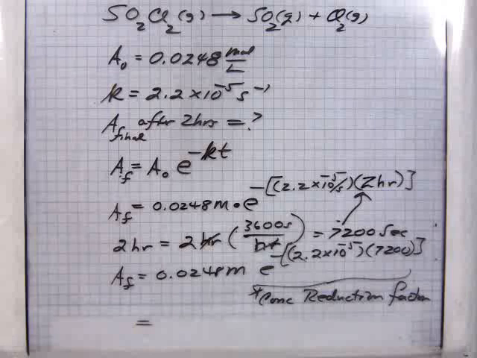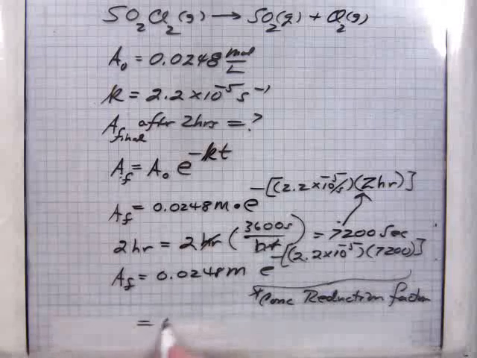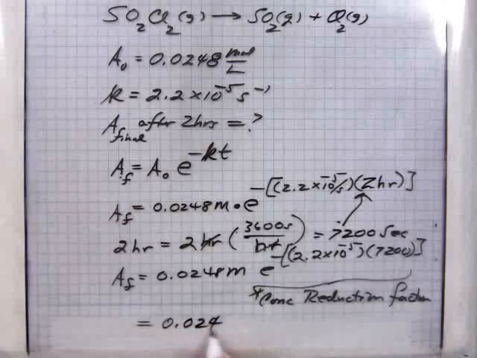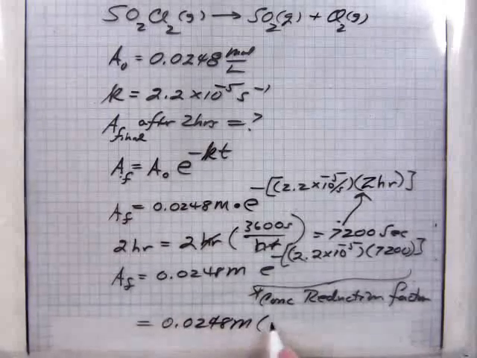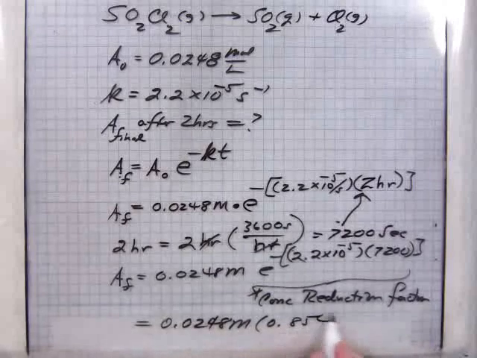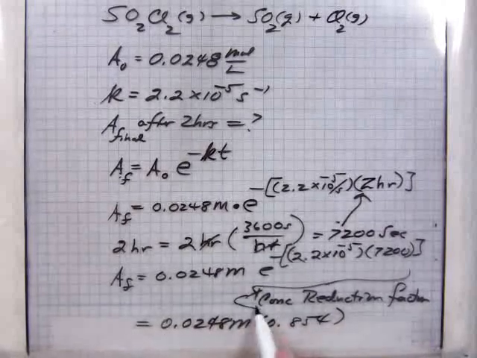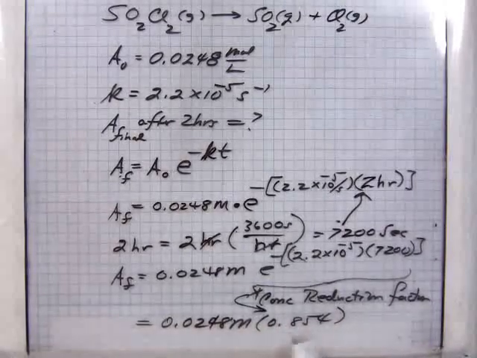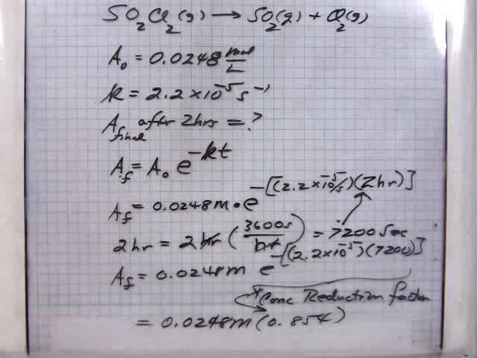I want to take the base e, so this would now be 0.0248 molar times 0.854. So this reduction factor is, say, 85.4% of the original amount that's remaining.